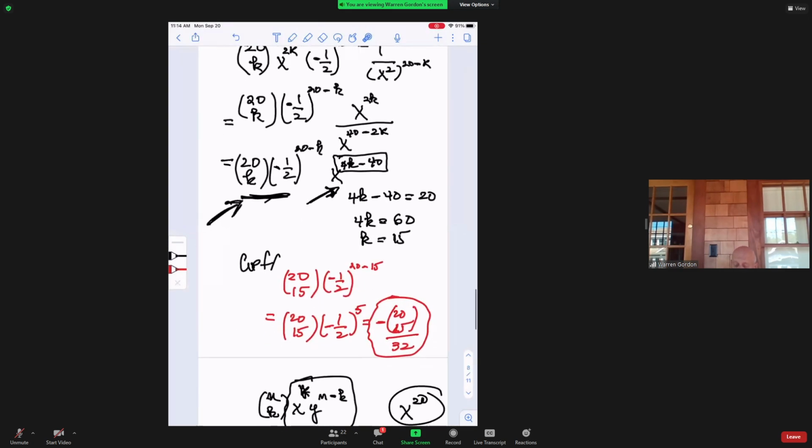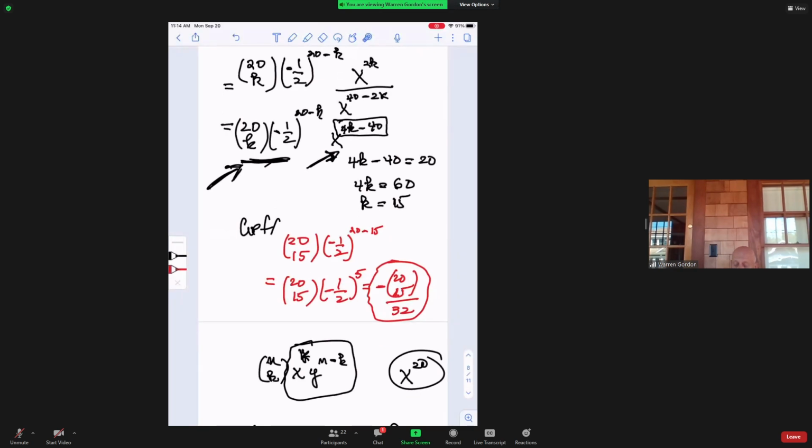So when I looked at this expression right here, I knew I wanted the power of x to be 20, so 4k minus 40 had to be 20, and that gave me k was 15. Well, if k is 15, I just have to substitute now in here to get the coefficient.